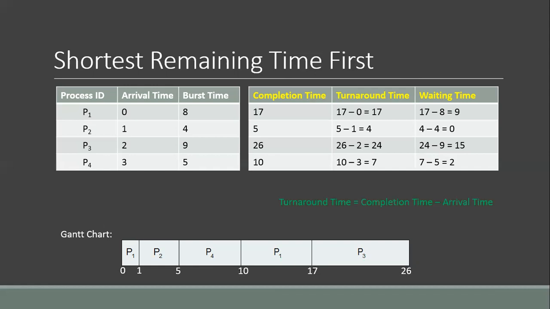So these are the equations that can be used to compute the turnaround time and waiting time. Remember, waiting time is the time when the process has been waiting in the ready queue for the allocation of CPU. And likewise, we can compute the average waiting time, that is 6.5 for these four processes.